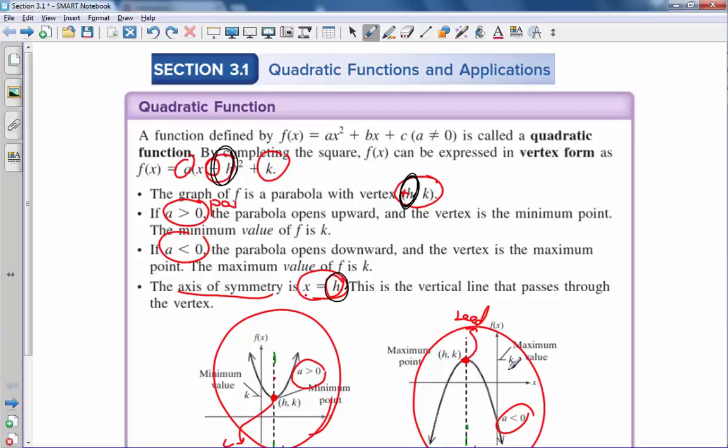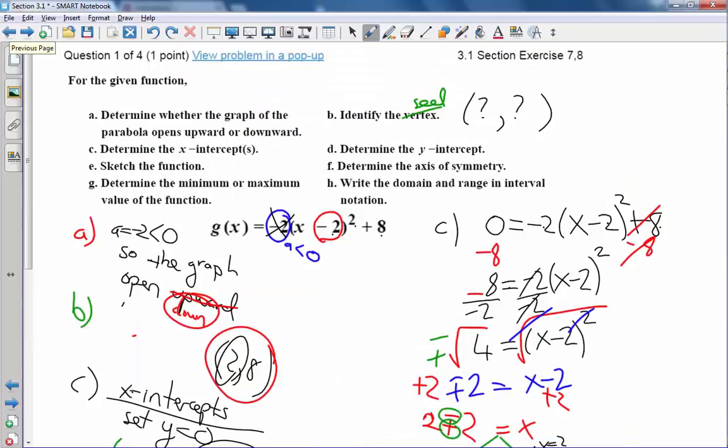Now how do I find this maximum value though? Oh, look where it is. It says k here. It's the second coordinate of the word seed again. That useful form, seed, is paying off again. Second coordinate is the maximum value. Here you go.